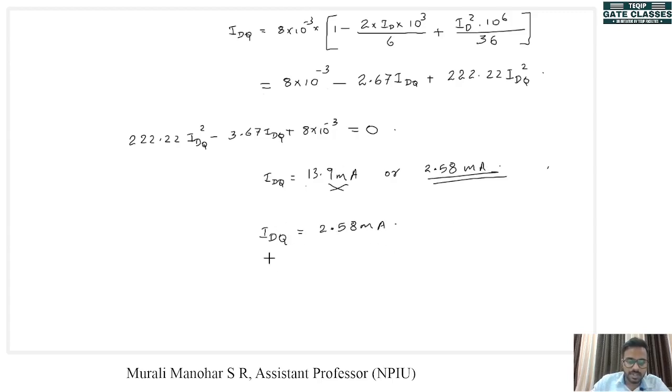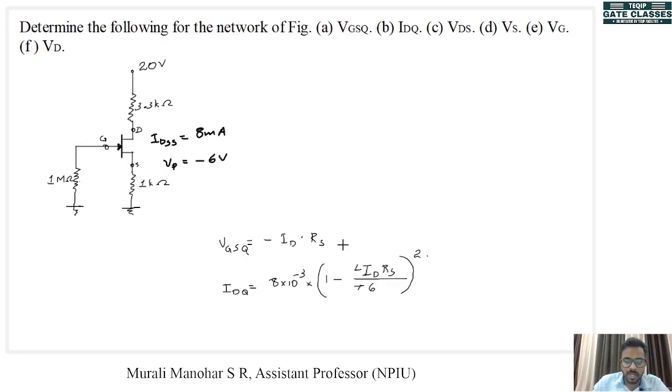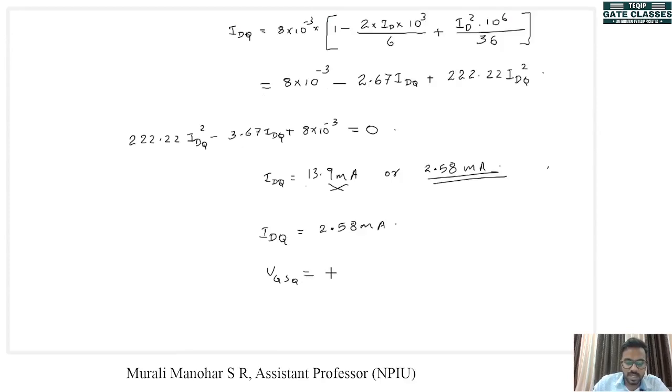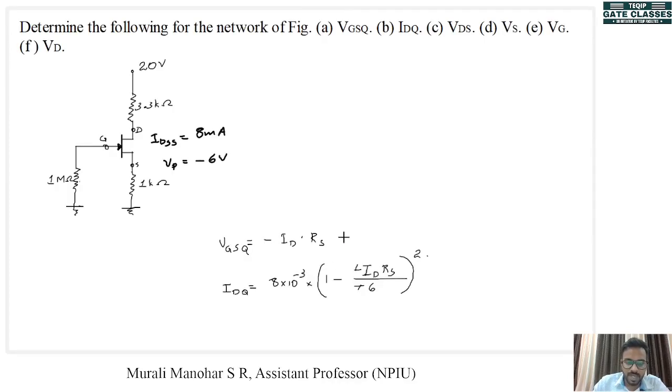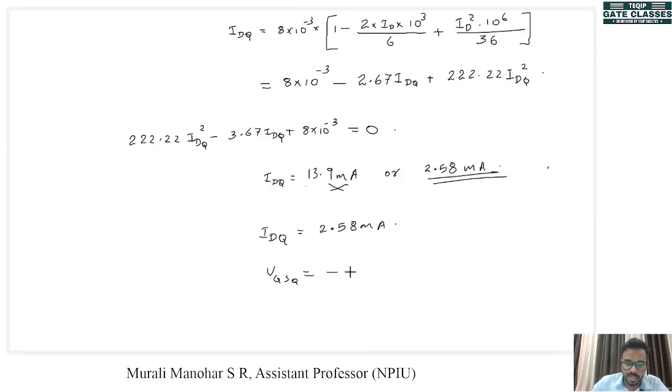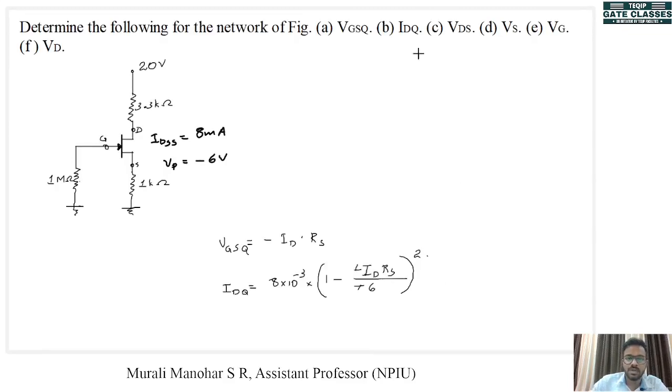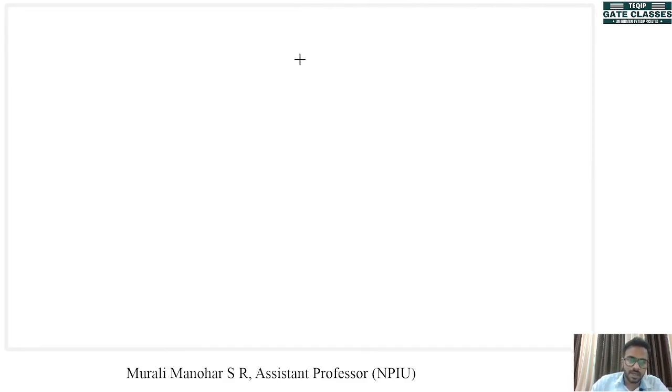Now if IDQ is given, we can find out VGS. VGSQ equal to minus ID into RS. So that is minus 2.58 milliampere into 1 kilo ohm. That will give us minus 2.58 volts. So this is IDQ and VGSQ. Now we can find out the value of VDS. VDS is given by VDD minus ID into RD plus RS.